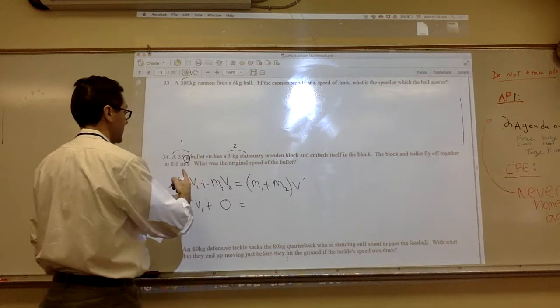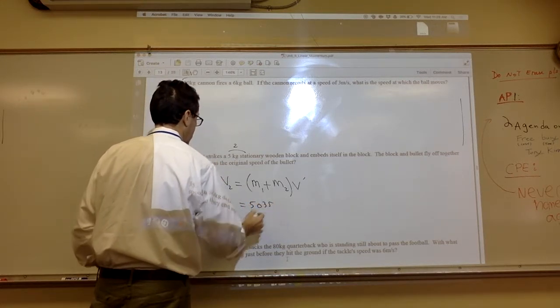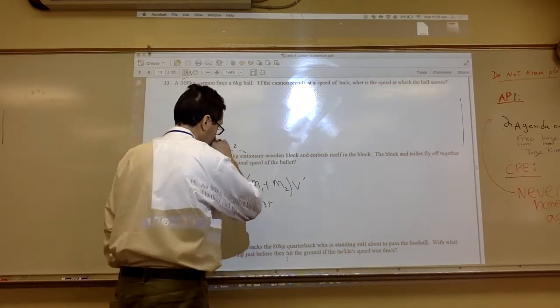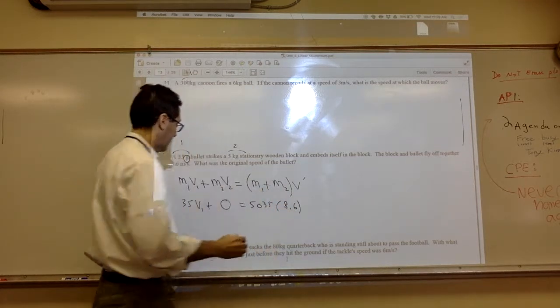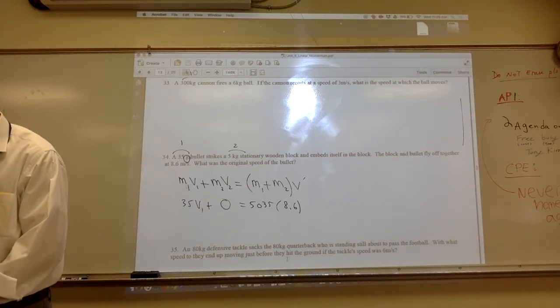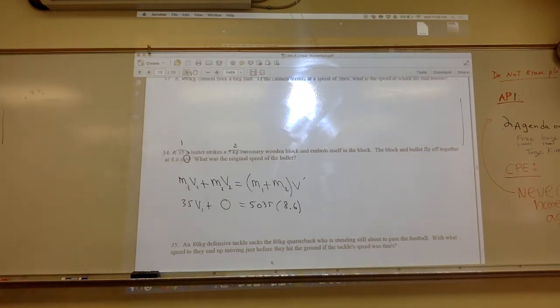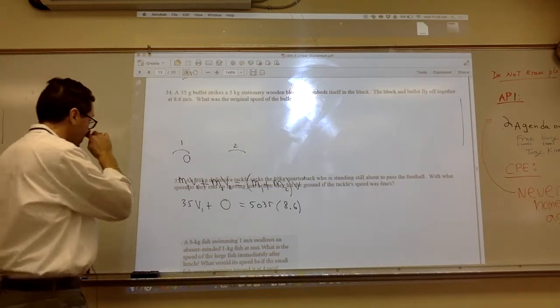The combination mass is 5,035 grams, so that's 5,000 grams and 35 for the bullet, times the speed of 8 after. So the velocity of the bullet should be 1,237.17 meters per second. In the answer key, I turned everything into kilograms, but you don't have to. You can turn everything into grams, whatever is easier for you.